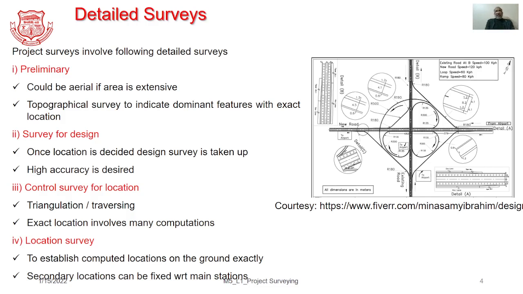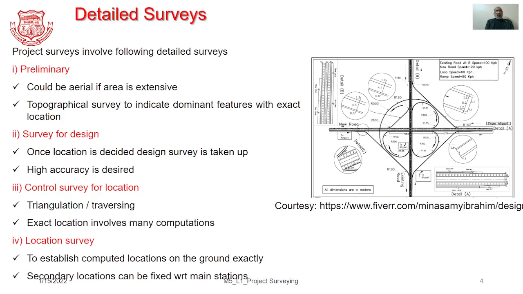So structures could be having small footprint. It could be having, say, for example, if we consider rail-like structure, or certain highway-like structure, considerable length as compared to its width. For such projects, there could be need of certain aerial surveys.